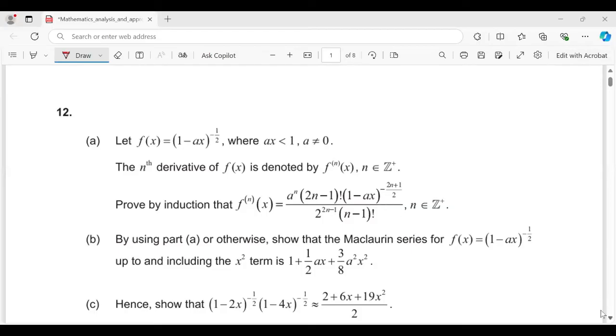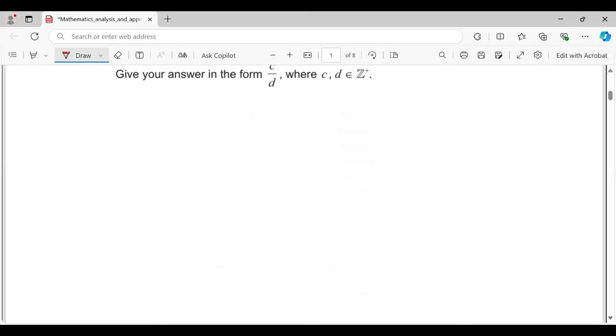Okay. According to induction mathematics, how to prove that: the first step, we need to state that it is true for n equals 1.